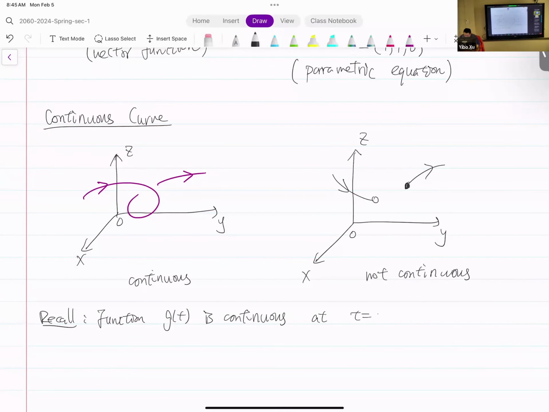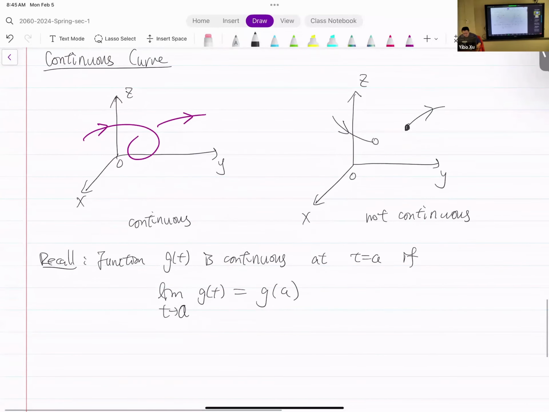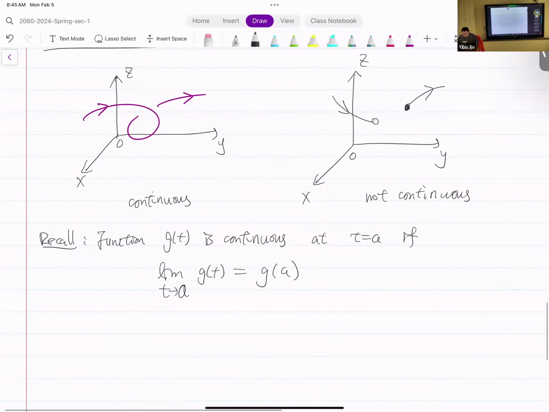So when t is a, if g at t equal to a is continuous, that just means the limit when our parameter t approaches a of the function exactly equals the functional value at the point a. Okay. So if you think about it, there are two side limits, right? So when t is approaching a from the left, when t is approaching a from the right, the two limits have to exist and they have to agree with the functional value.